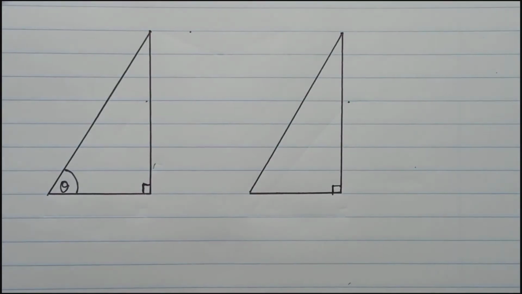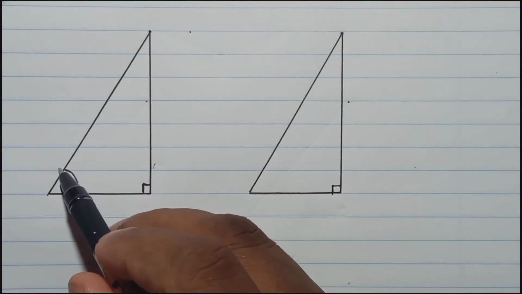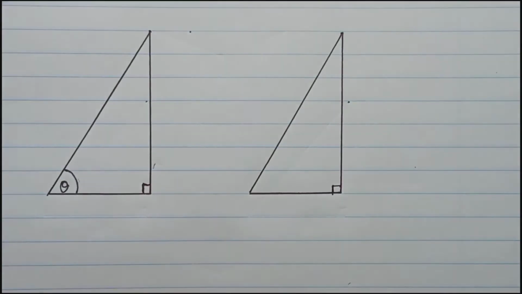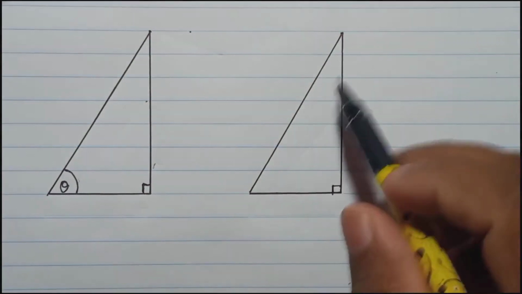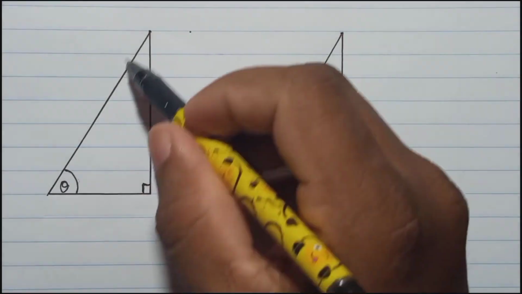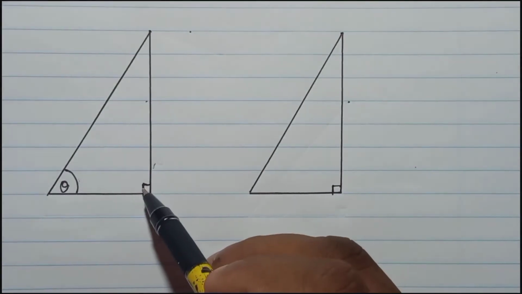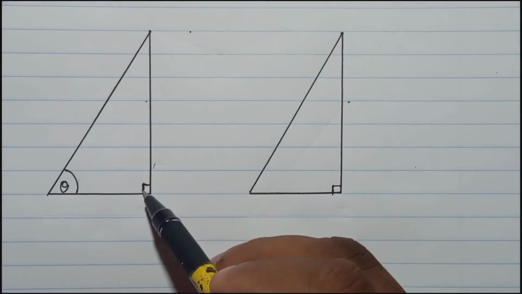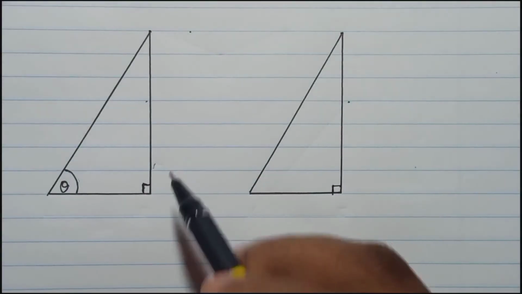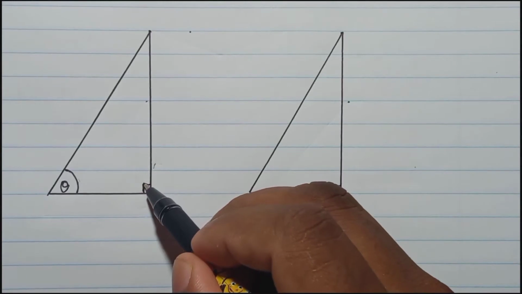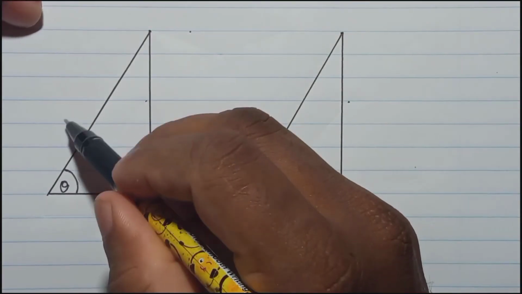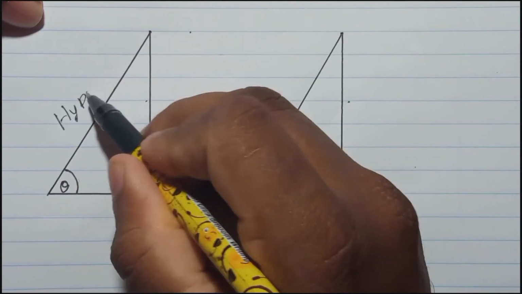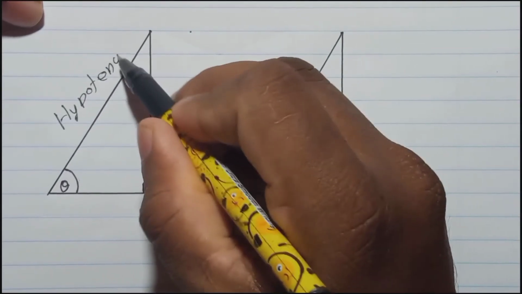Now, whatever angle you consider, this will always be the hypotenuse. In front of the right angle, you will always have the hypotenuse. Here will be the hypotenuse, and I will write this word, hypotenuse.